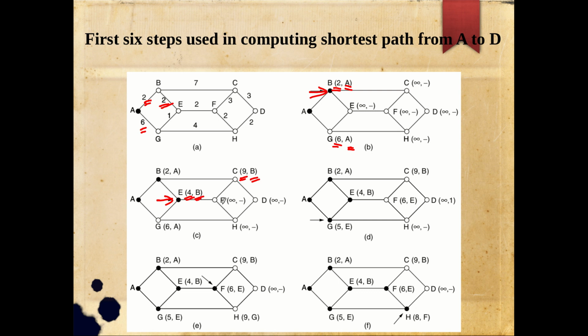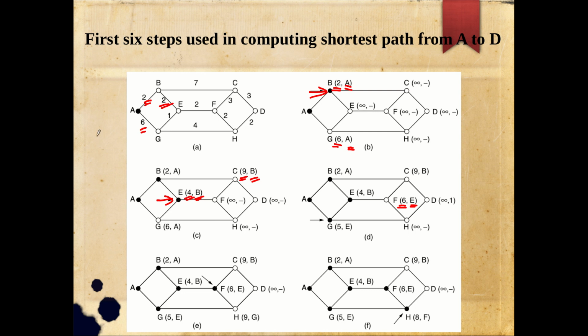And F you can update. So from A to E it is distance 4, from E to F it is 2. So totally F distance will be updated to 6 and parent as E. And similarly from E to G, see up to E I have taken a distance of 4, from E to G it is 1.